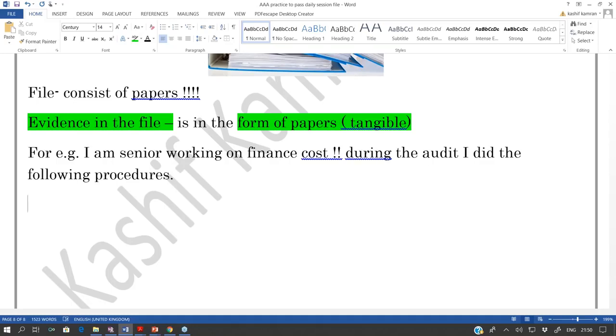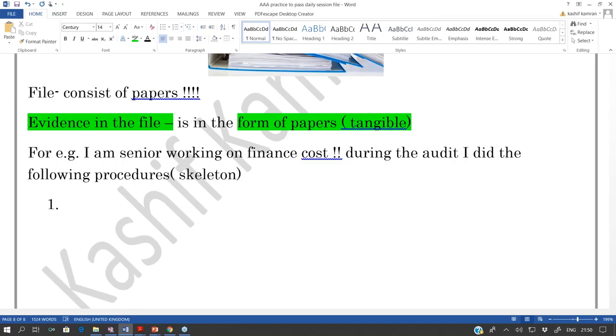And during the audit, I did the following procedures. Now, I'm not writing the procedures in full to save my time. You can convert the procedures to full, right? I'm just writing procedures in a skeleton form just to save time.